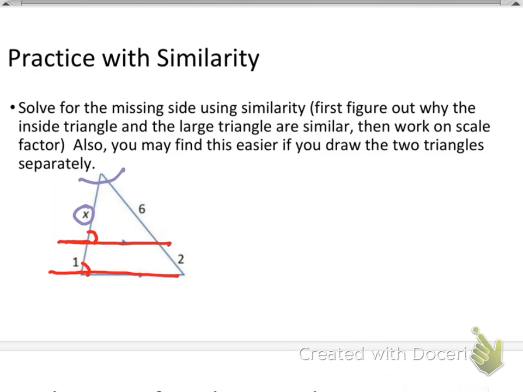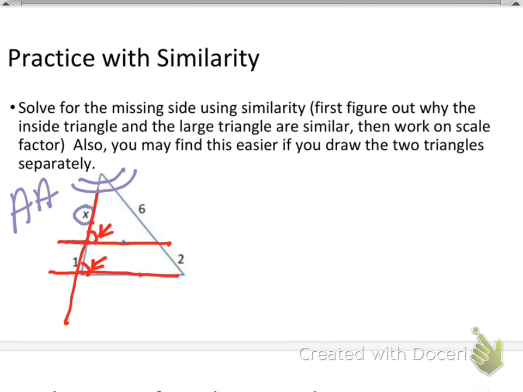Parallel lines being crossed by a transversal. This angle, the bottom of the big triangle, and this angle, the bottom of the small triangle, they are identical because they're corresponding angles. So therefore, in addition to having a common angle here, you have 2 other angles, and so you can prove by angle that this big triangle and the little triangle are indeed similar.